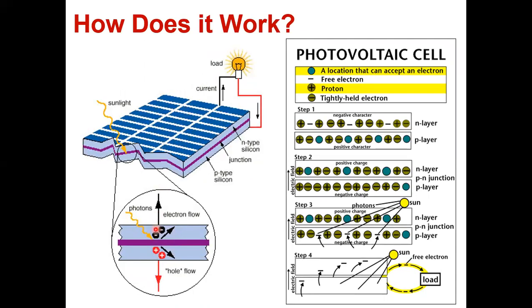Here we can see how the sunlight falls on the photovoltaic cell. Electron flow will happen, between positive and negative. Here we get p-type silicon and n-type silicon, and between them the junction is produced, from where we get the current, and that current can be used for our purposes, that is consumer purposes.